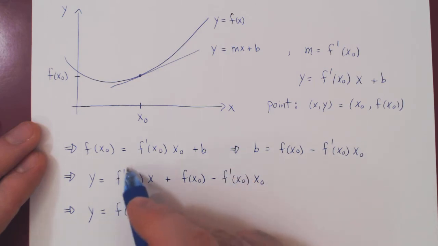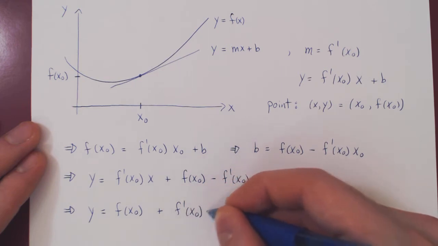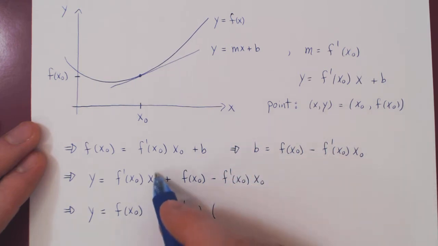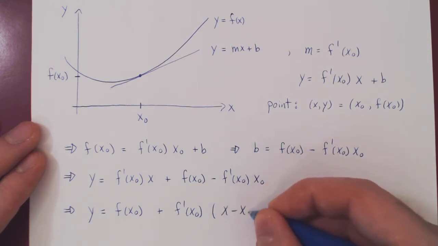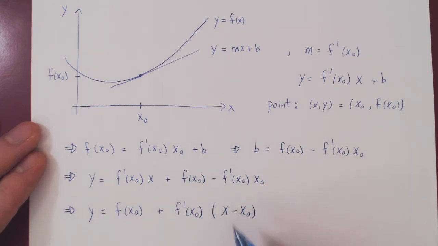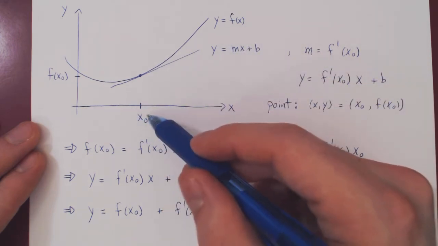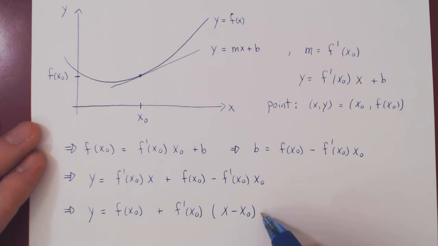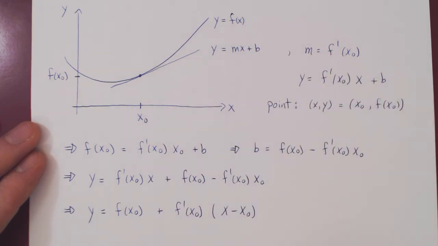If we factor f prime of x0, then we are left with x minus x0, and that's it. And so you see, given any function f of x and any point of tangency x0, this is the equation of the tangent line to the function at the point of tangency. y is f of x0 plus f prime of x0 times x minus x0.